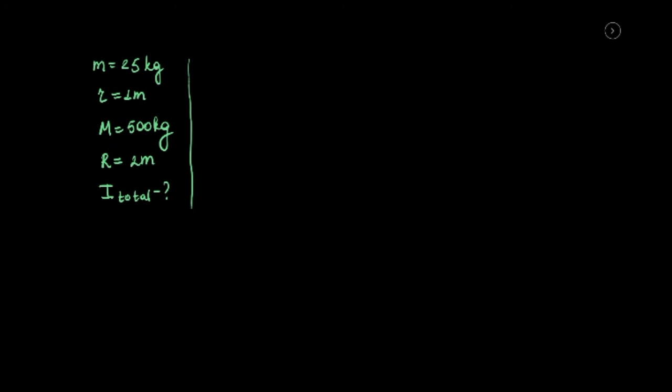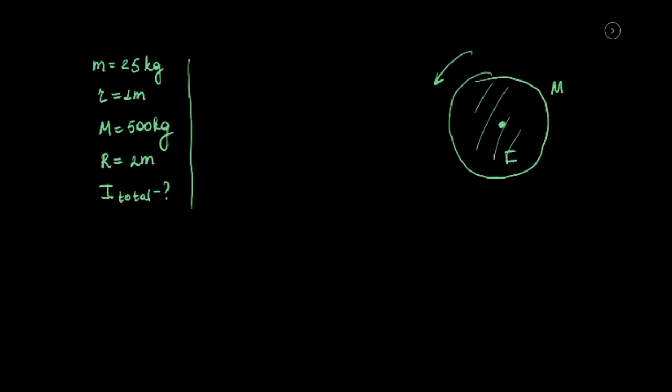So this is a solid disk and it rotates around this axis with some angular velocity. The disk, the merry-go-round, has mass M, which is 500 kilograms, and let's consider that a boy is standing here, which has a mass m.